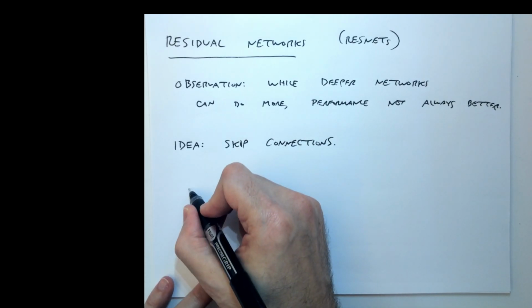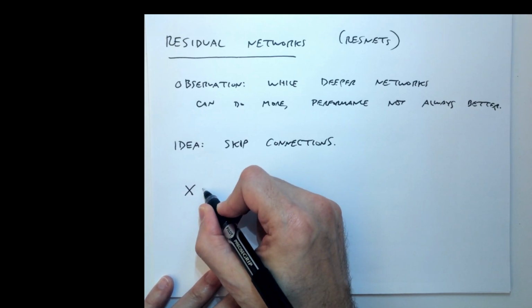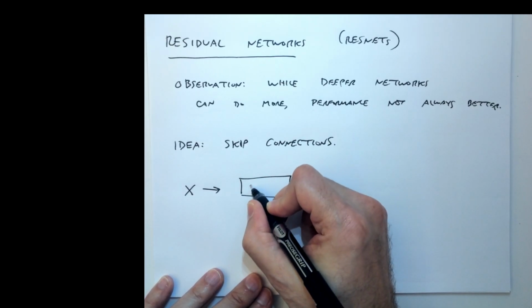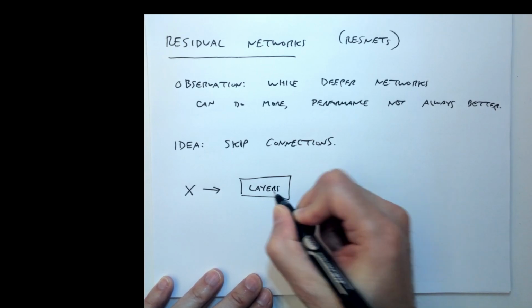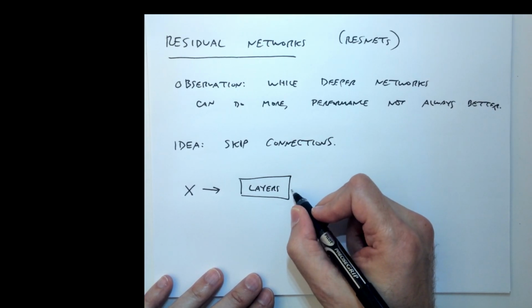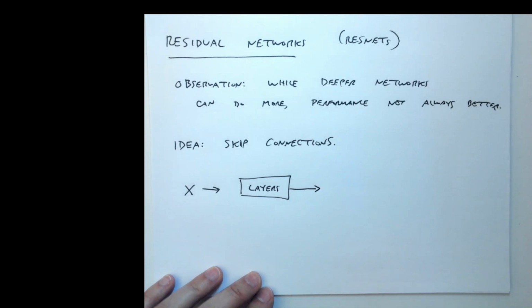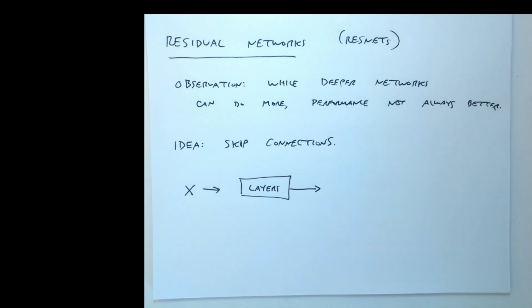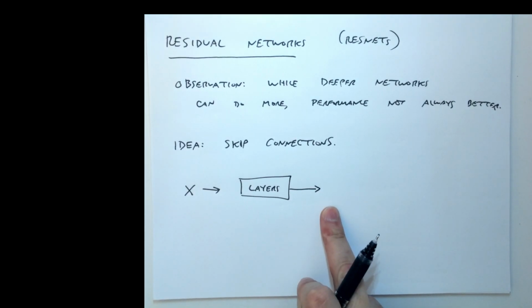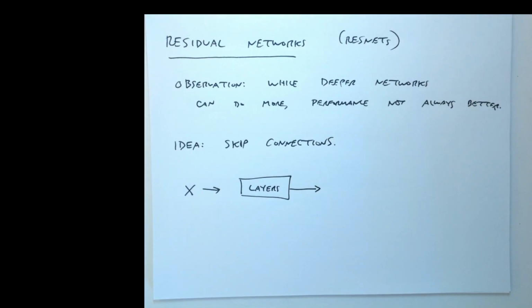The idea is that my normal architecture is I have some input, and I go through some layers. The observation of a skip connection is, what if I want to learn just the identity function? What if I want X to pass through these layers fundamentally unscathed?